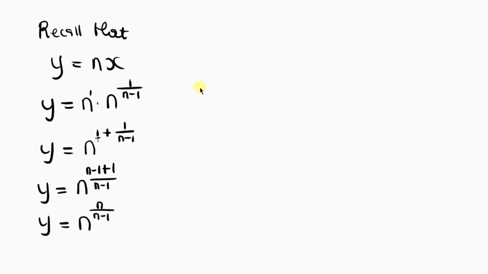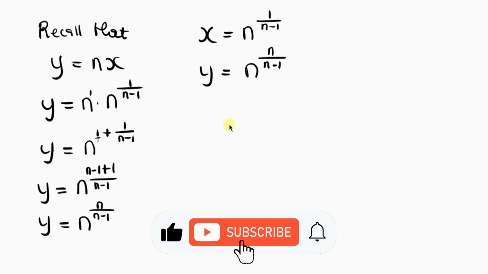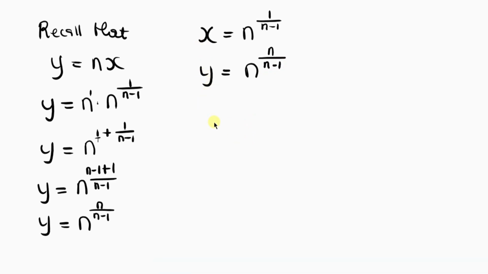So let me write the two of them down. x, we got x to be equal to n to the power of 1 all over n minus 1. And we got y to be equal to n to the power of n all over n minus 1. So we can actually get the actual value for x and y by substituting for n.